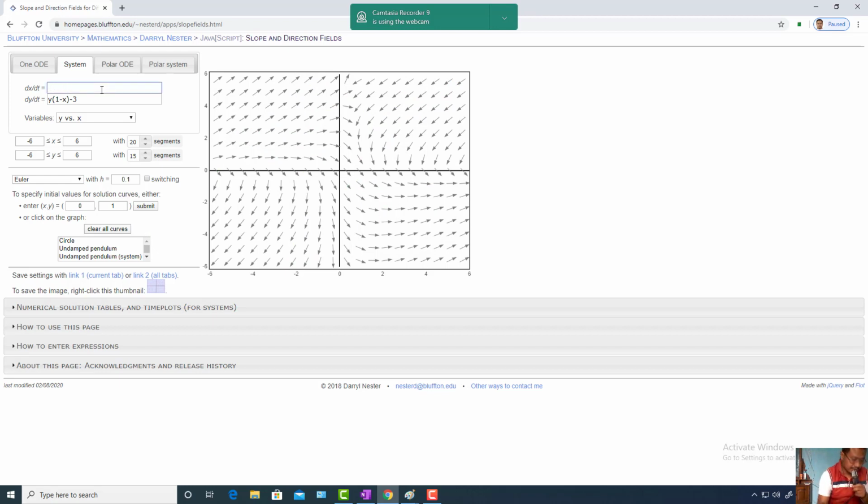What is the first equation? The first equation is x square plus y square plus 2x.